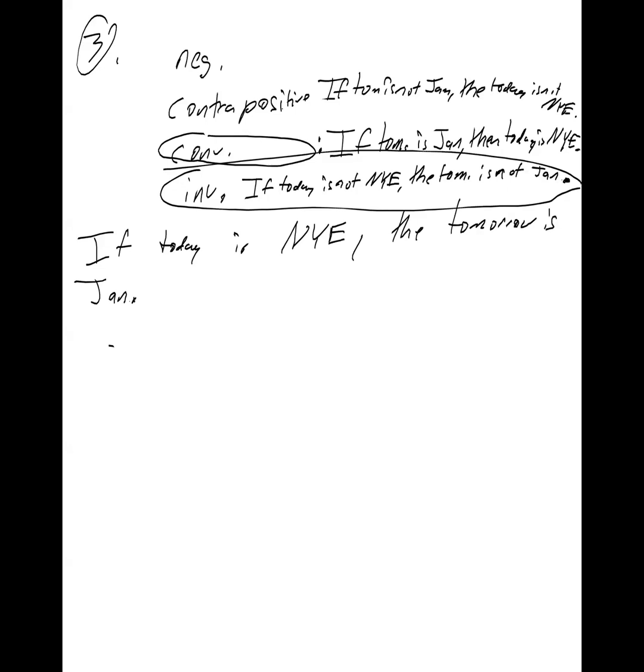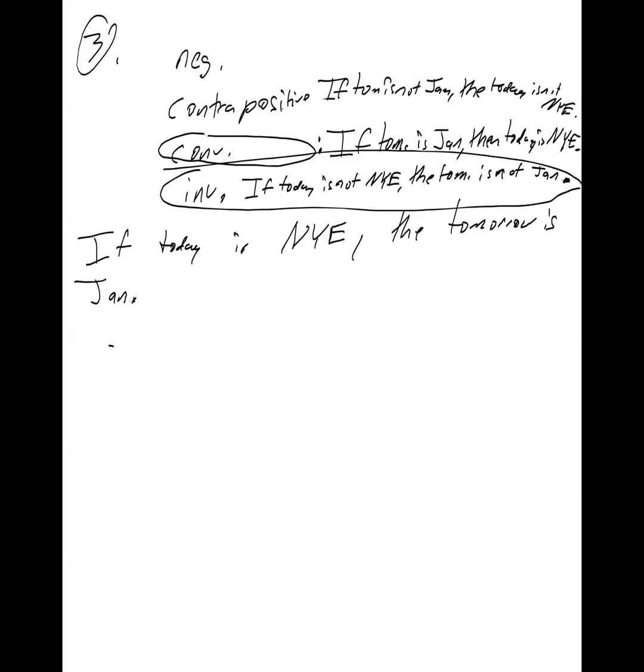Contrapositive switches the statements from the original sentence to the opposite positions, and it also negates both statements to be the opposite of what they said before. Instead of saying it is January, it says it is not January. Instead of saying it is New Year's Eve, it says it is not New Year's Eve. So that's the contrapositive.